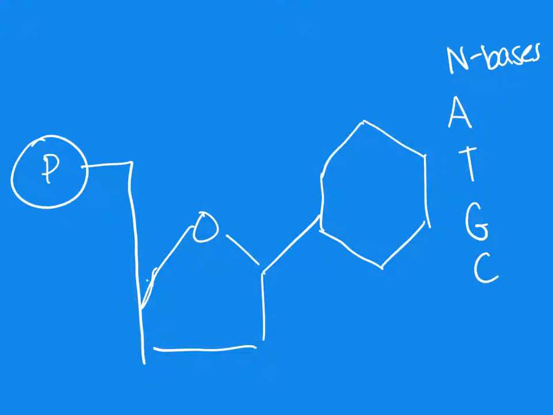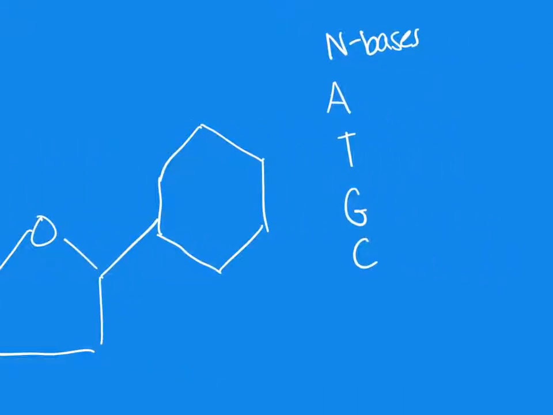How can I tell them apart? What were the two broad classes of bases we had? Perfect. These guys can either be purines or pyrimidines. What was the difference?